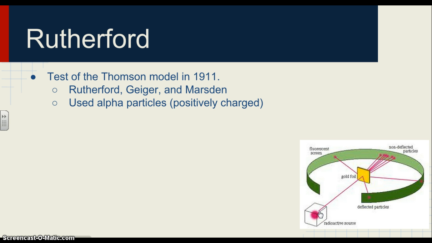What they were trying to do was calculate that if Thomson's model was correct, then since the atom itself has a slight positive charge in Thomson's model, these positively charged alpha particles should be just slightly pushed to the side. They would be able to measure this angle of deflection and figure out exactly how correct his model is.